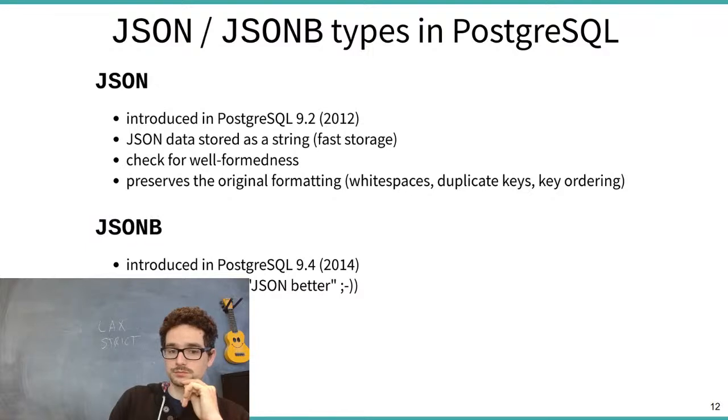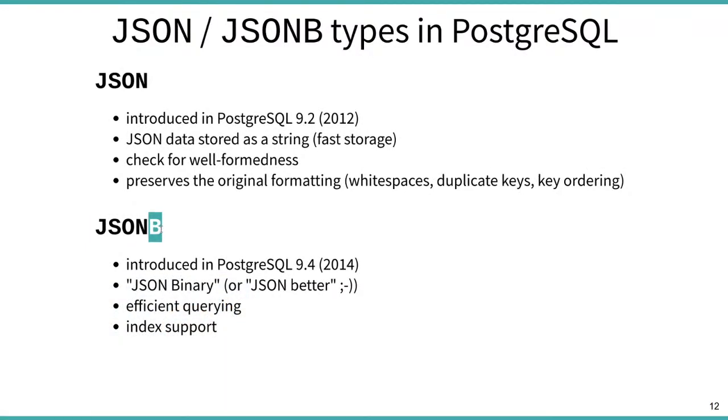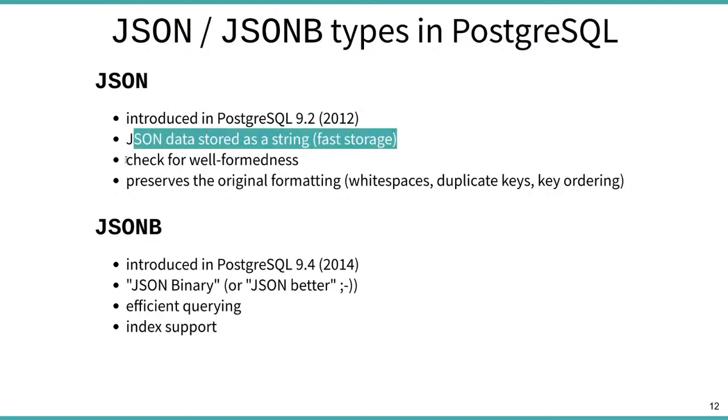The B stands for, yeah, it is not written anywhere. Some people say it stands for JSON binary and other people say it stands for JSON better, so better storage in JSONB. JSON is stored as a string.